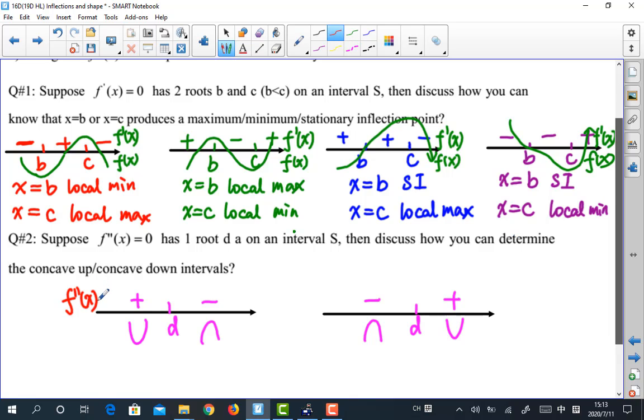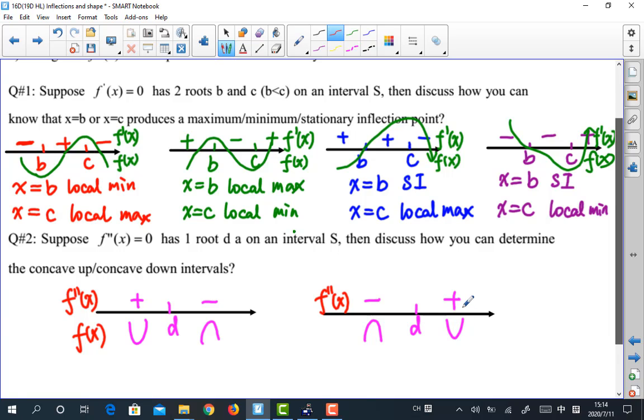If f double prime x has a positive sign on the left side of x equals d, so for this interval, f of x should be concave up. If f double prime has the negative sign on the right side of x equals d, so on this interval, this original function should be concave down. So if you have f double prime x negative here, then concave down first, then positive here, concave up.